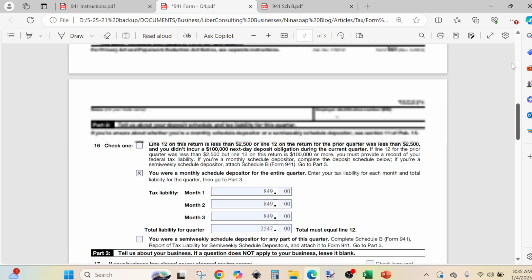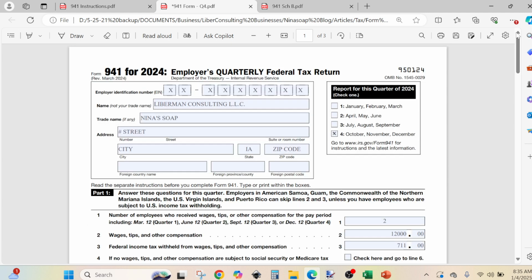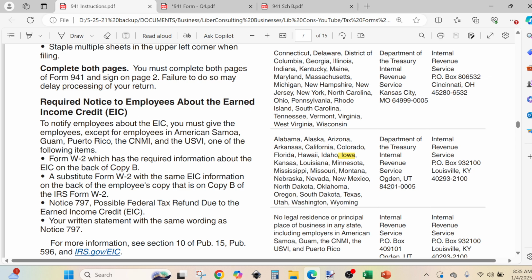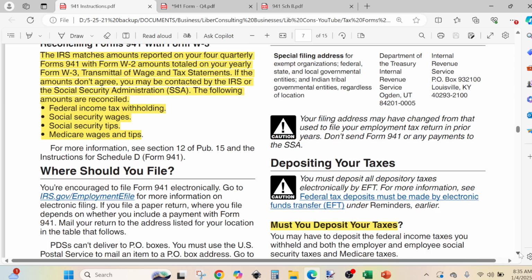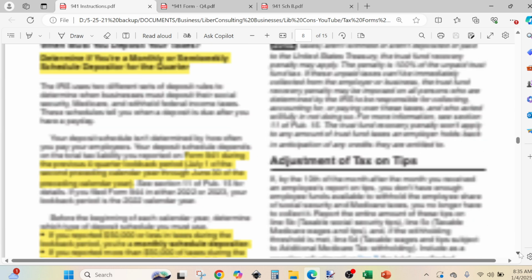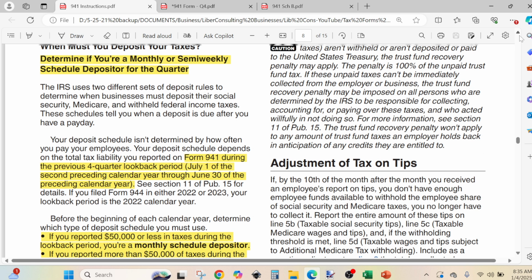And I would suggest you create a check. You have more space than a money order, and you put Form 941 for Q4 2024 on the check, and you add your business EIN. Make sure you have your business name on the check if it's not on it already, and you make sure you pay to United States Treasury, and pretty much follow the instructions listed to complete the business check.